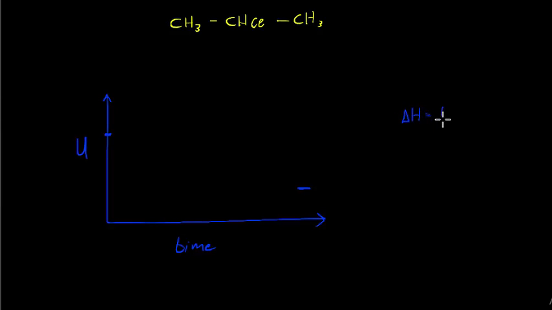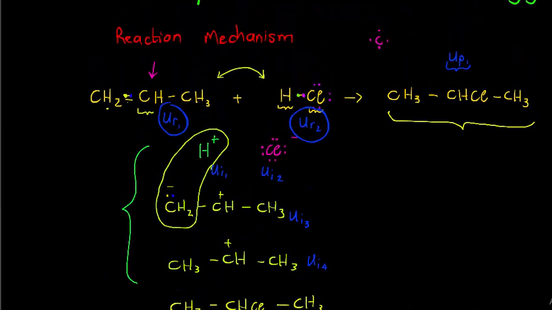That is the potential energy of my products minus the potential energy of my reactants, and in this case if this is smaller than that, this will be negative, less than 0, which means it is exothermic. In other words, it releases heat. So not just is this the product, there's also another product called heat.